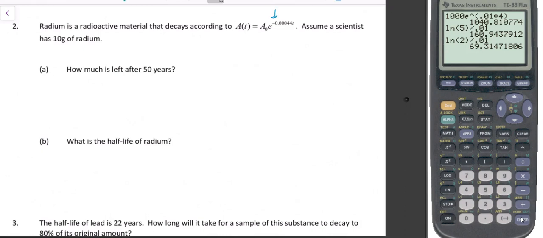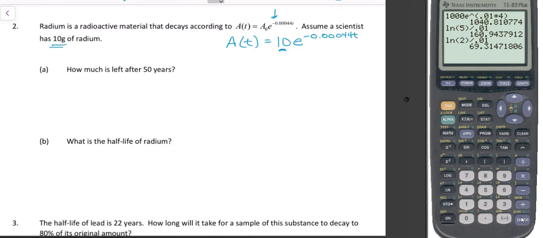So that's an indicator that this is a decay problem. So if we look at what everything represents here, we've got an initial amount that they tell us is 10. So I could actually rewrite this function as A of t equals 10 e to the negative 0.00044 t. So there's my initial amount filled in.